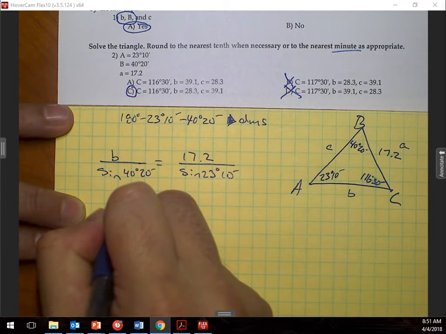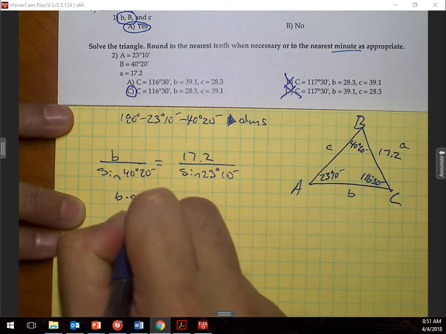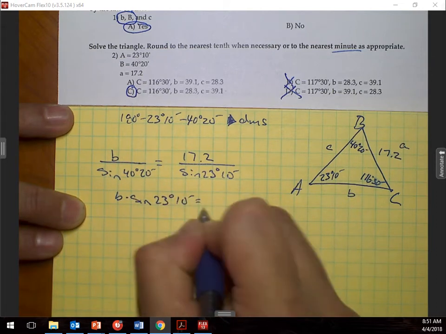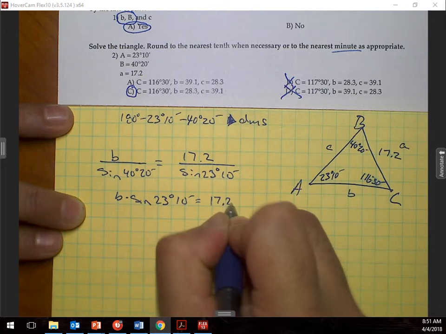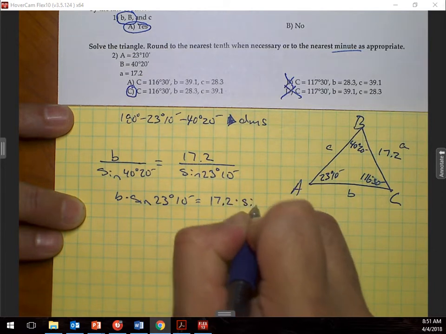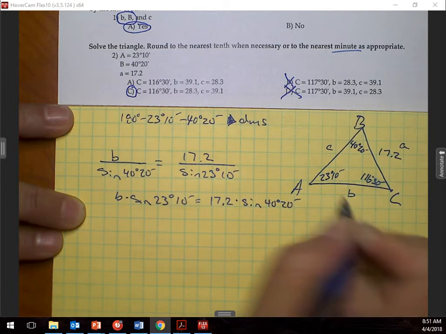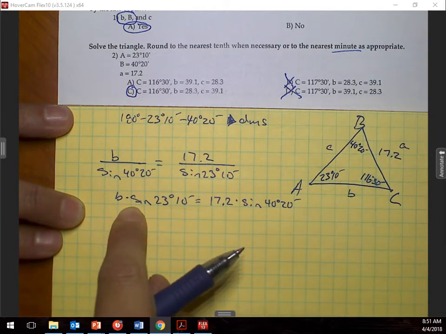So it's going to be b times sine of 23 degrees, 10 minutes is equal to 17.2 times sine of 40 degrees, 20 minutes. Okay, to get b by itself, I'm going to divide both sides.